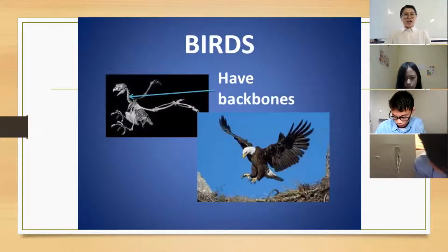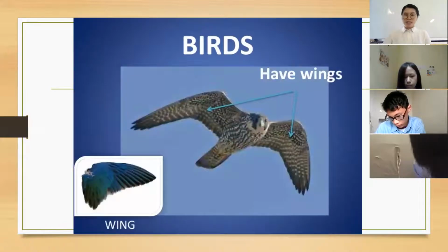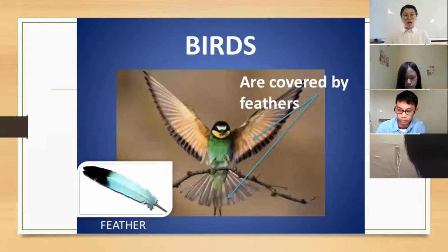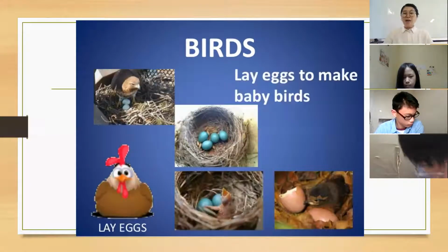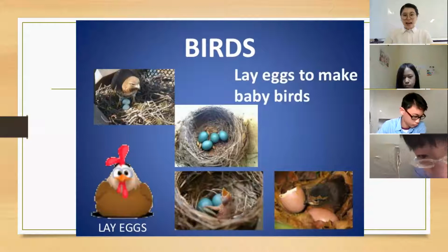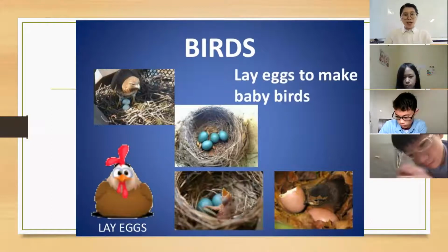A bird is a vertebrate because it has a backbone. As Daniel said a while ago, birds have wings and feathers. Birds are covered by feathers, as Shara said. I know that you are very familiar with this creature, right? And birds lay eggs to make a baby bird.